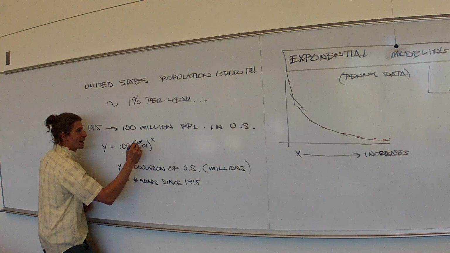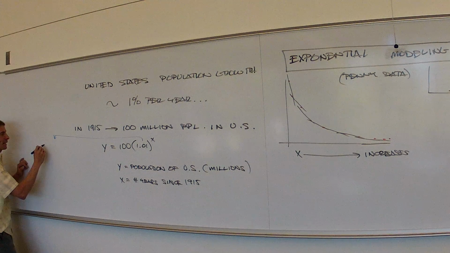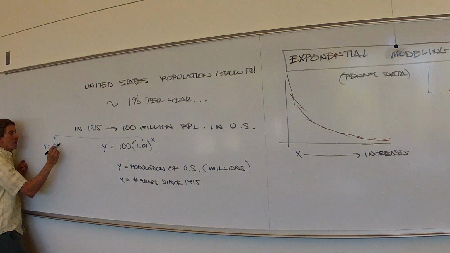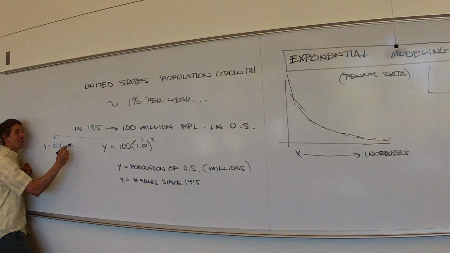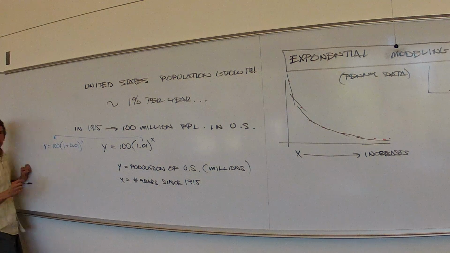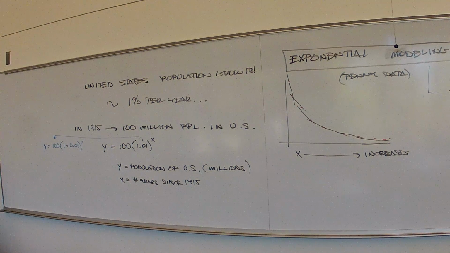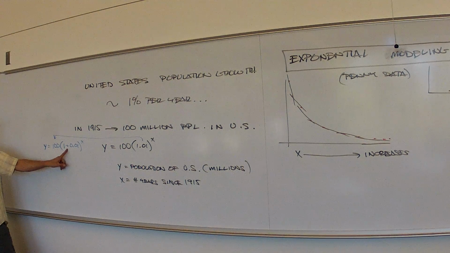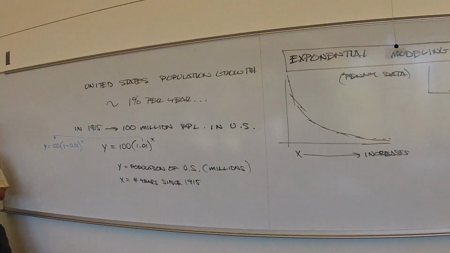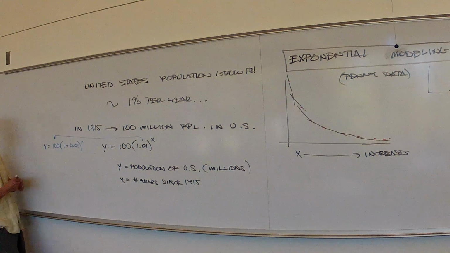So this right here is kind of like this: y equals 100 times 1 plus 0.01 to the x power. Does that make sense? That's the difference between exponential growth and exponential decay, the plus sign versus the minus sign. If it's a minus sign, you're taking away a percentage each iteration. Can I use iteration now? Is that okay? It is a plus sign, but make it bigger. It looked like it.